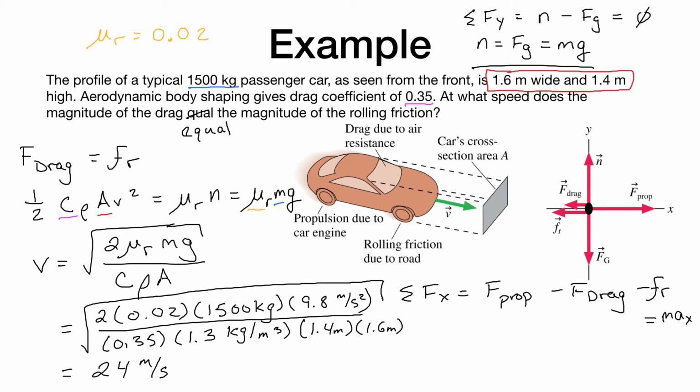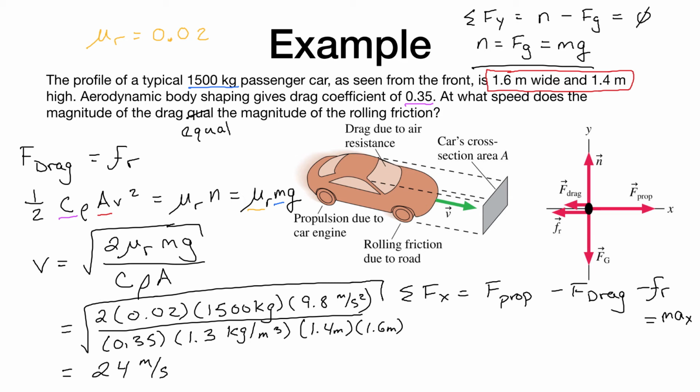What that tells us is that at lower speeds, the rolling friction force is what's going to be higher, because our drag force, being speed dependent, will be smaller at that point, and our rolling friction force is not going to change. So at low speeds, we can reasonably ignore air resistance.